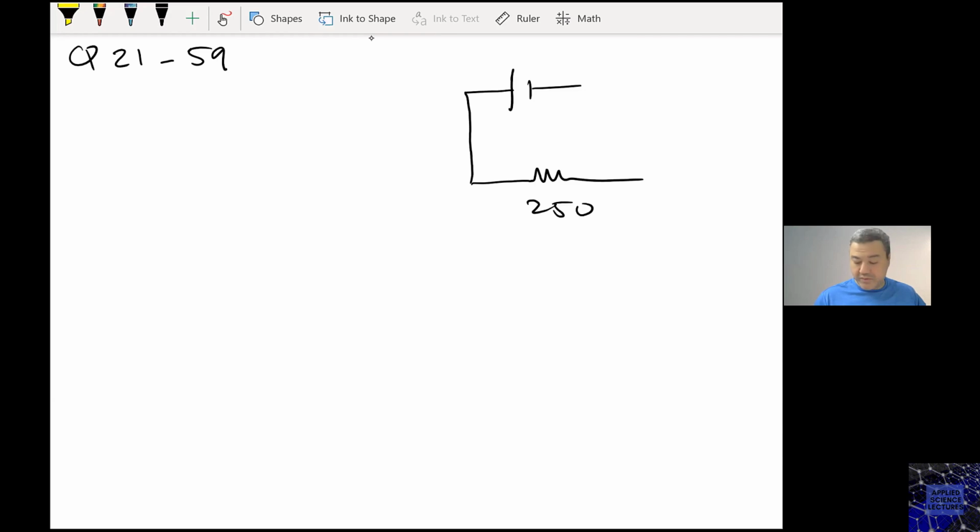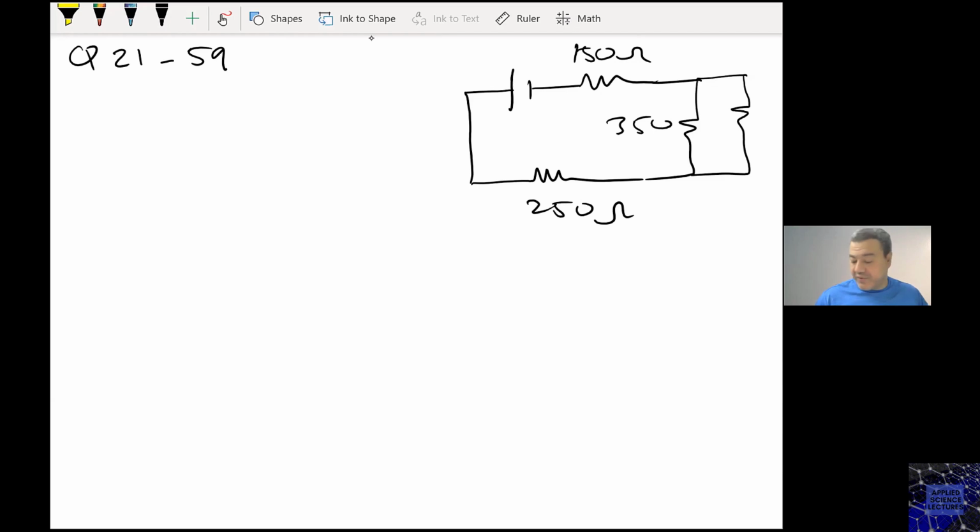250, 150, 350, 550, 35 V. A, the current through the 150 ohm resistor.